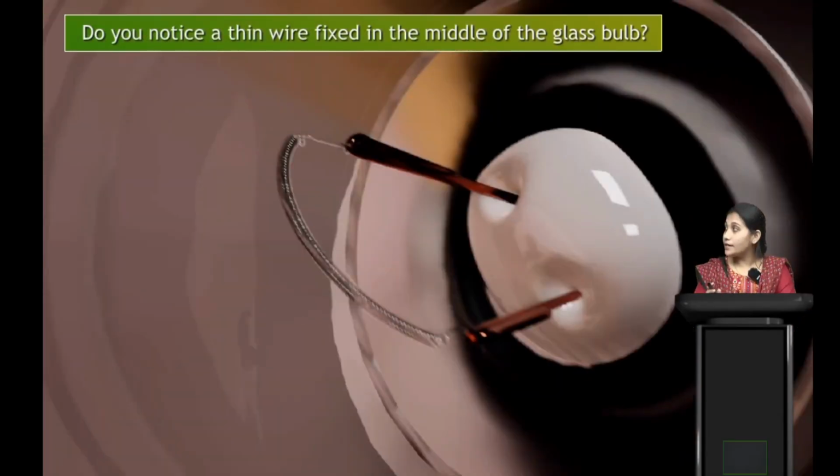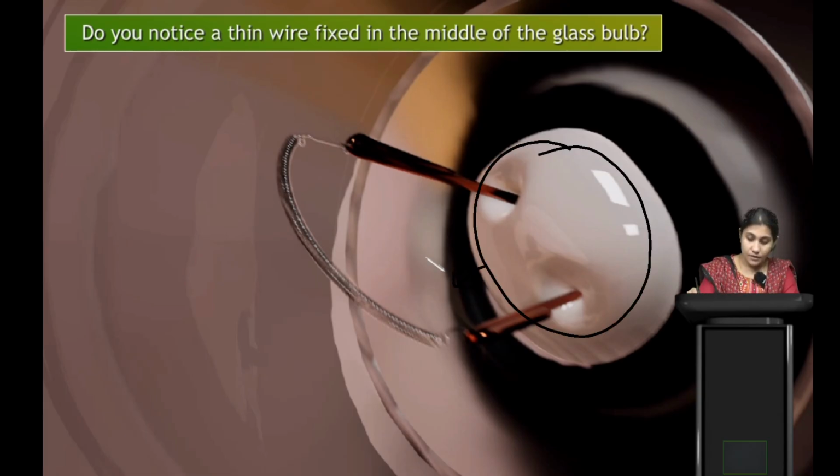Inside the torch we can see a small bulb and wires, isn't it? Now it is said, do you notice a thin wire fixed in the middle of the glass bulb? This small part is the bulb.